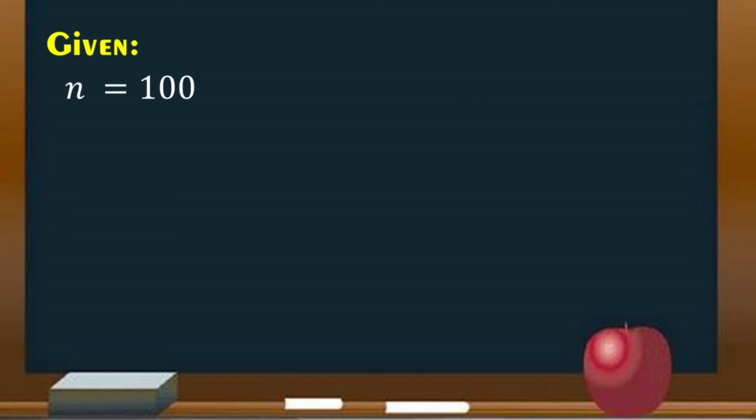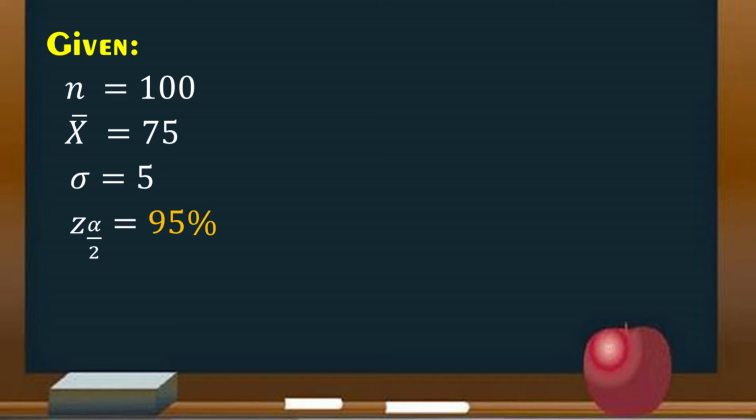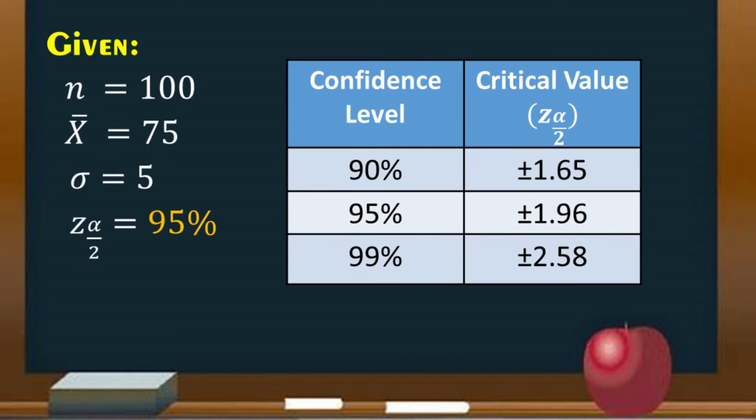N is 100, x bar is equal to 75, sigma is equal to 5, and we have 95% confidence level. Based from the table, the critical value, z sub alpha over 2, that corresponds to 95% is 1.96.